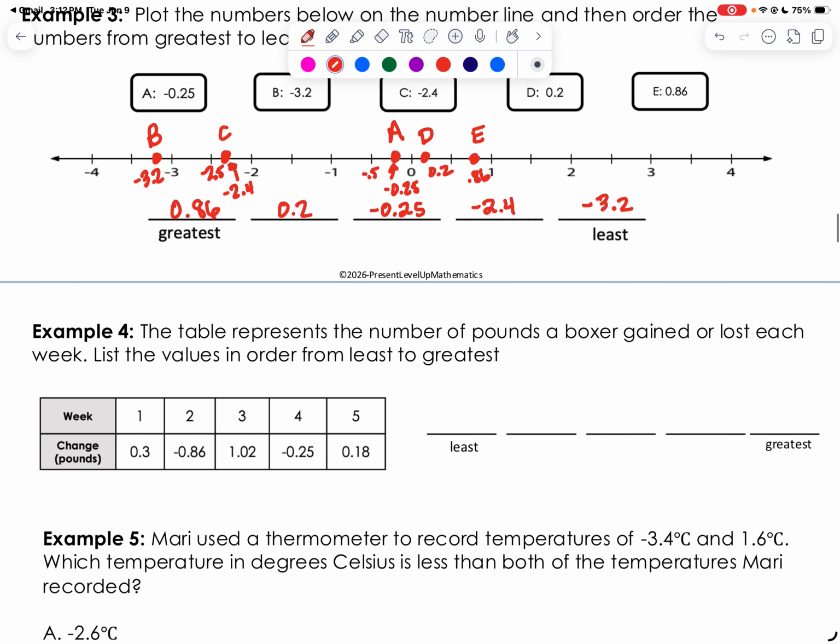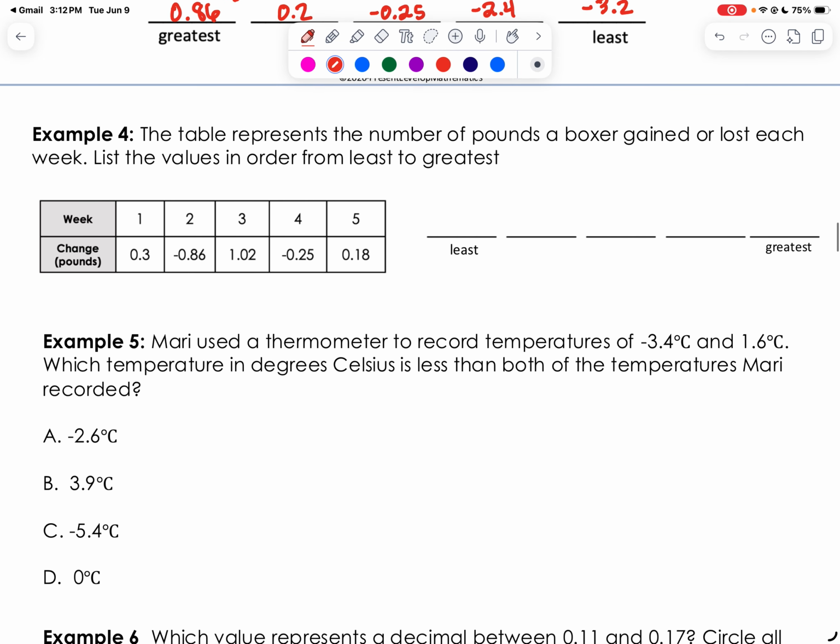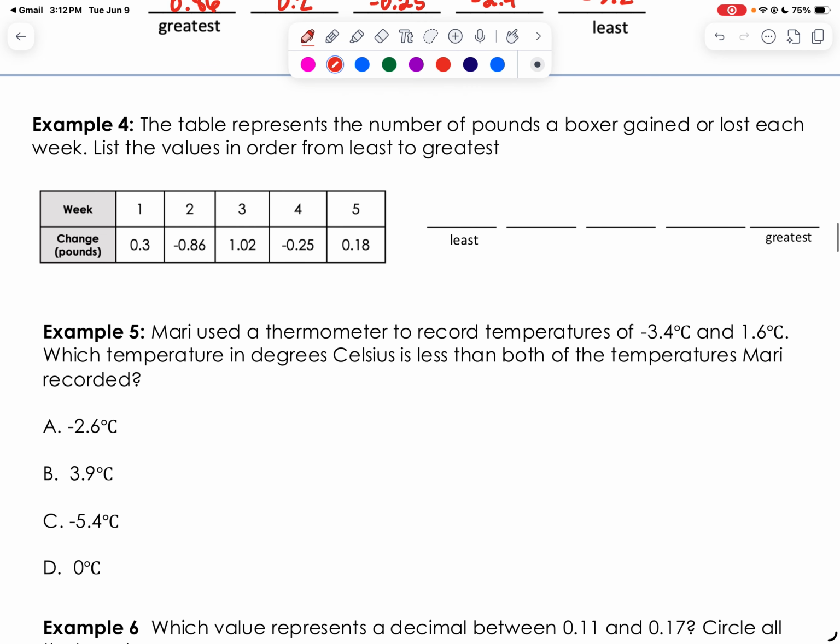All right. Example 4. The table represents the number of pounds a boxer gained or lost each week. List the values in order from least to greatest. So this time, they're wanting us to put the smallest number first. So when you have positive and negatives, the smallest numbers will be the negatives.